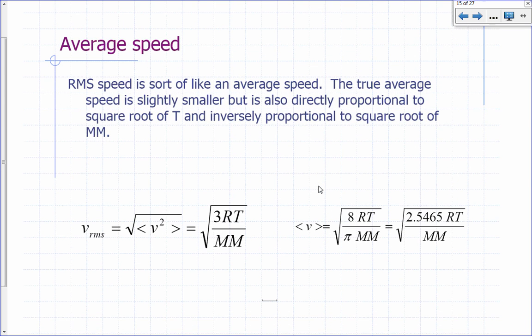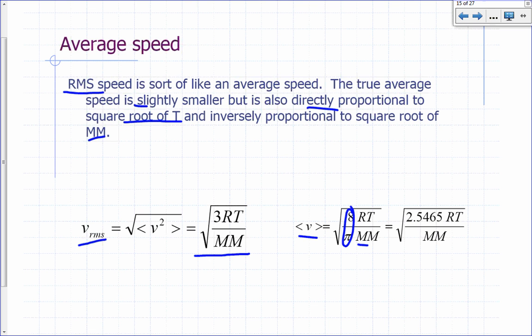So like I said, RMS speed is sort of like an average speed. The true average speed is actually just slightly smaller than this, but it can also be shown to be directly proportional to the square root of the temperature and inversely proportional to the square root of the molar mass. In fact, if this is the formula for the root mean square speed, you can actually show, and we're not going to do it at this level, but in a higher level class, physical chemistry, you can show that the average speed is equal to the square root of 8RT over pi times the molar mass.